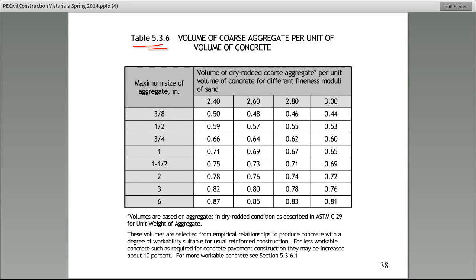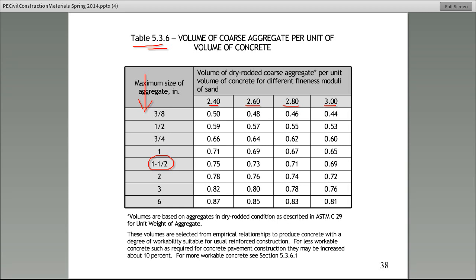On the column on the left, let's identify the maximum aggregate size that we are using. In this case, the maximum aggregate size is 1.5. Then on the right side, the 4 columns, these numbers here, what do you think those are? You got it.